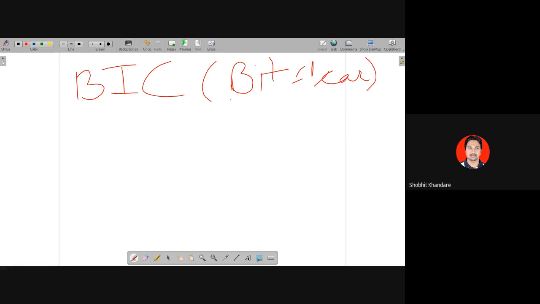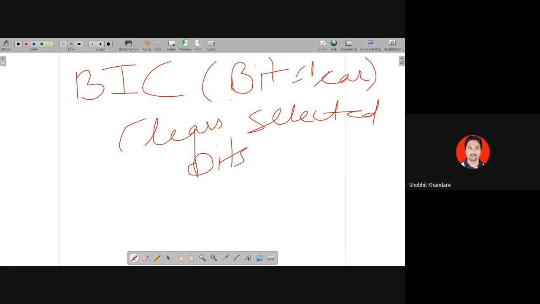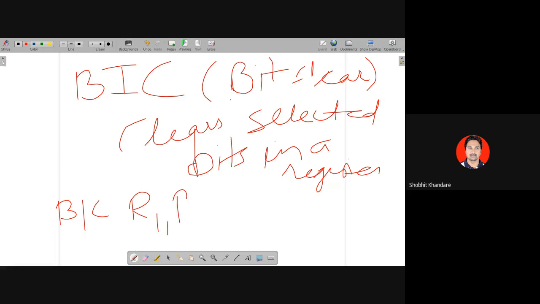It clears selected bits in a register. You should know how it is going to clear the selected bits in a register. If I give an example, take BIC R1, R2, R3.